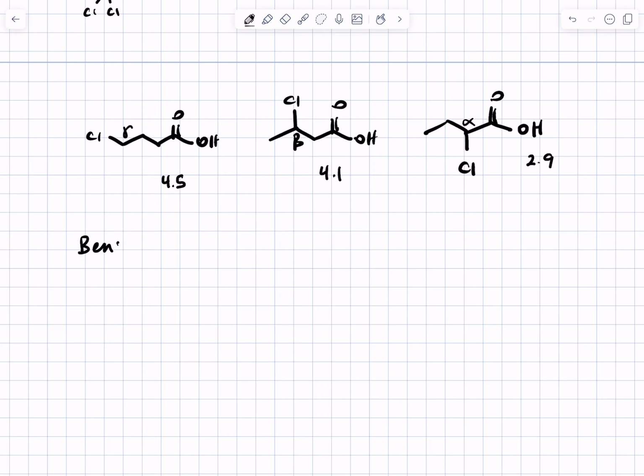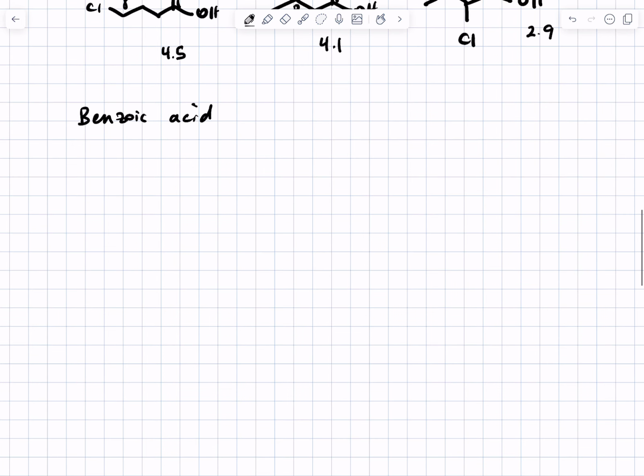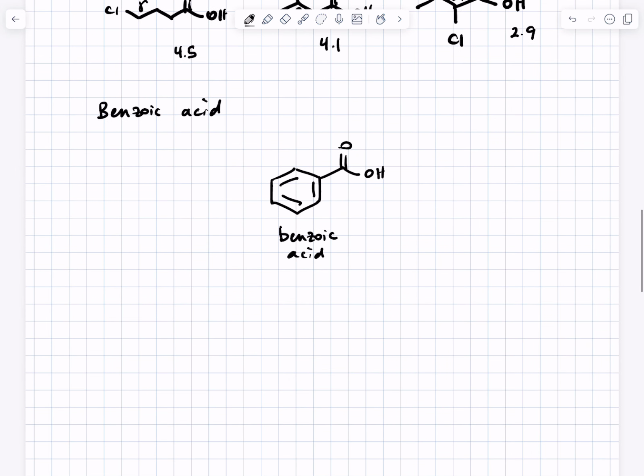There is a class of carboxylic acids called benzoic acids, where the carbonyl carbon of the carboxylic acid is attached to a benzene ring. This is just the straight up benzoic acid. Depending on what groups you put on the benzene ring, you can change the acidity of the carboxylic acid.